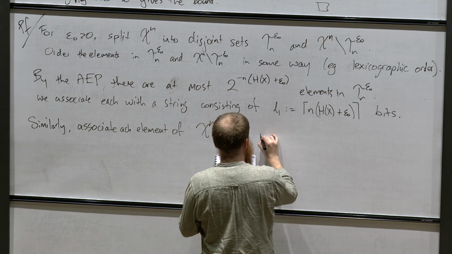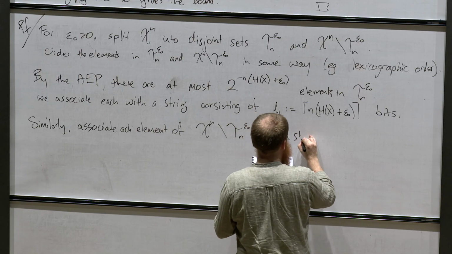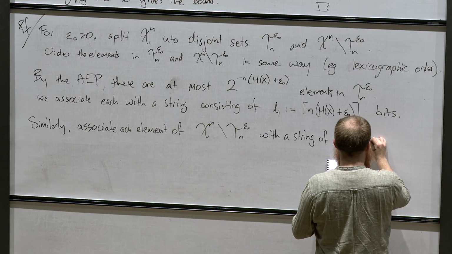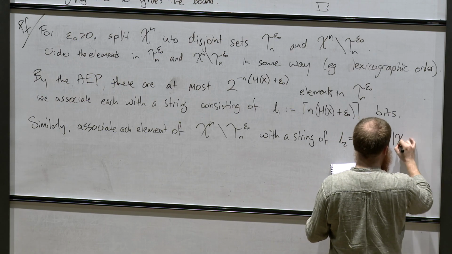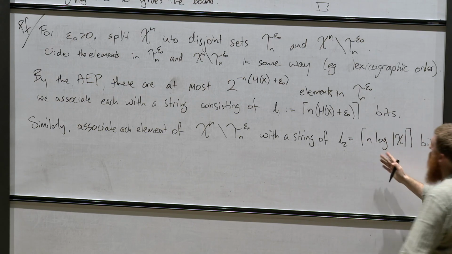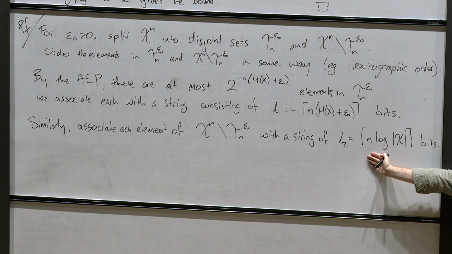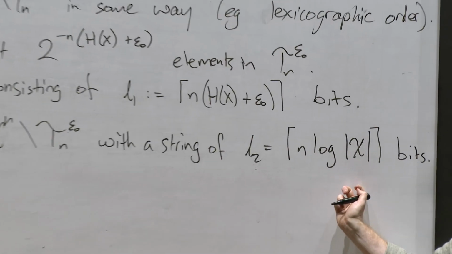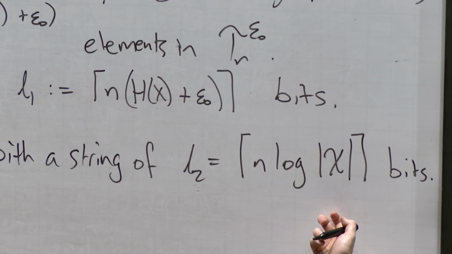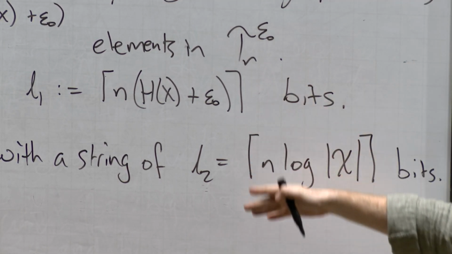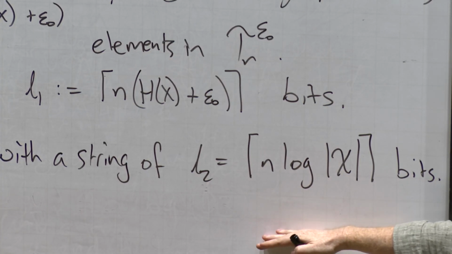So with a string of L2, which is n log size of X bits. So I know this is really inefficient. I could label all the elements of my set using this many bits, and I'm just going to use that labeling only for the atypical sequences. So I've got it for typical sequences, I can do it using fewer elements. For atypical sequences, I just do a fairly crude encoding.